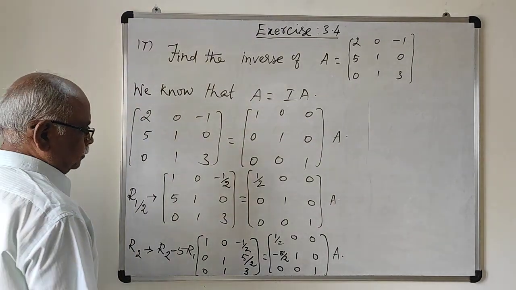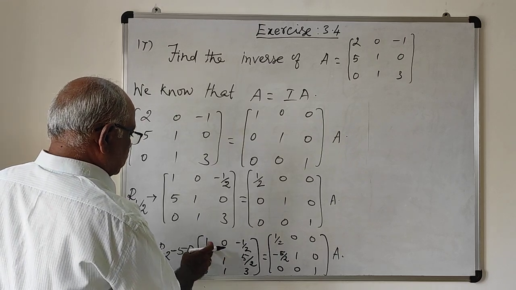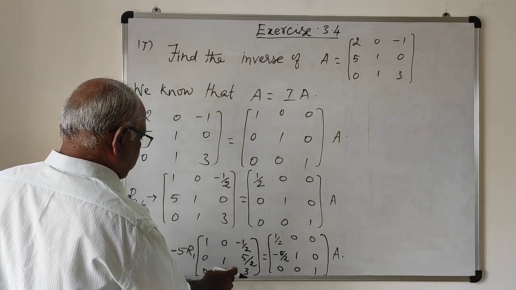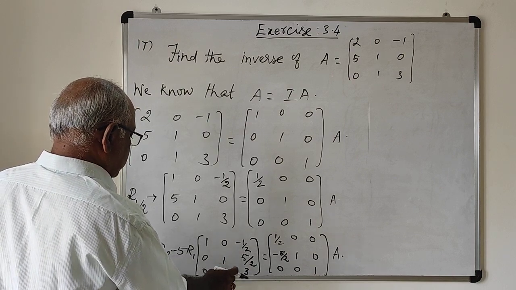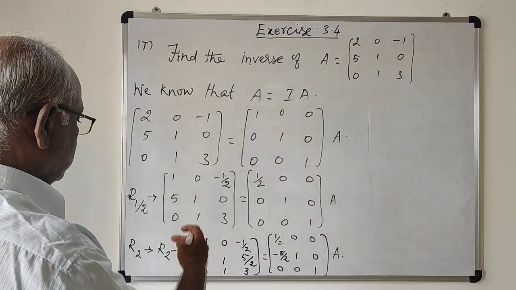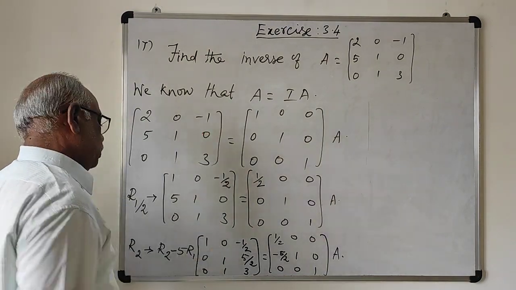Next, we convert the third row, second column element to 0. For that, R3 is R3 minus R2.